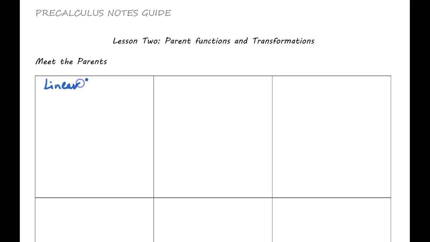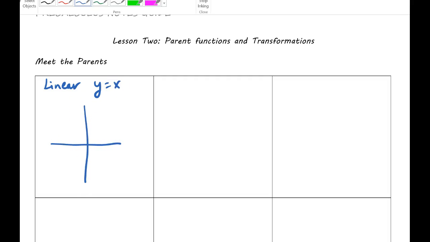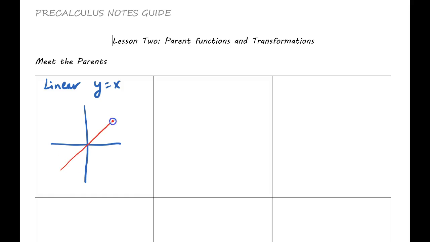Our linear parent is, of course, y equals x. And as far as what this one looks like, that's definitely just going to be your diagonal line that goes right there. The domain and the range on these, hopefully you still remember, it's all real numbers.